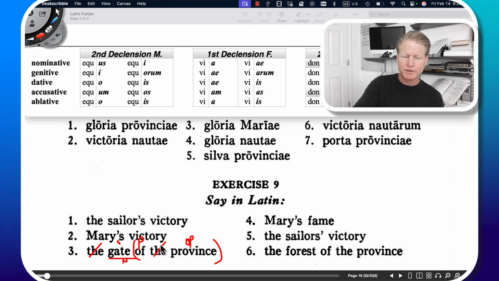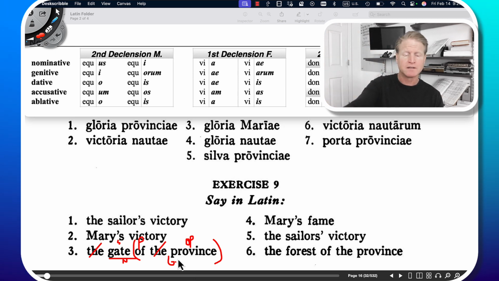Of the province is the prepositional phrase. In English, when I'm doing this with students, or in other languages, I always put prepositional phrases in parentheses like this, as you see here. So we have parentheses around of the province. That's what these curved symbols are. And then underneath, I'll write G again for genitive, because it's in the genitive case. Even though in English we don't have to deal with that.